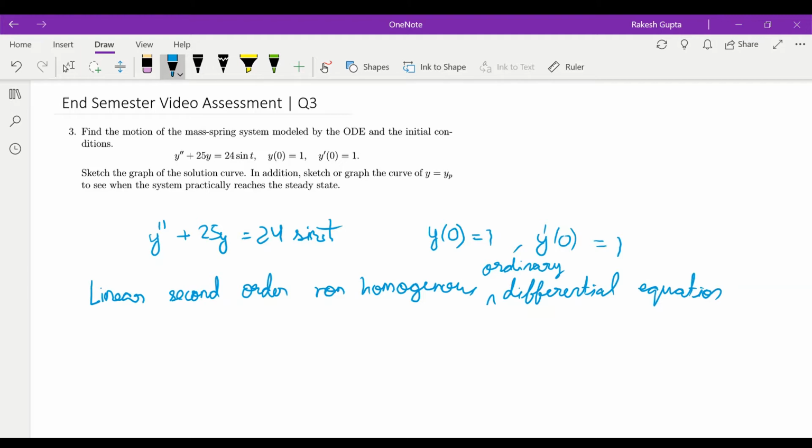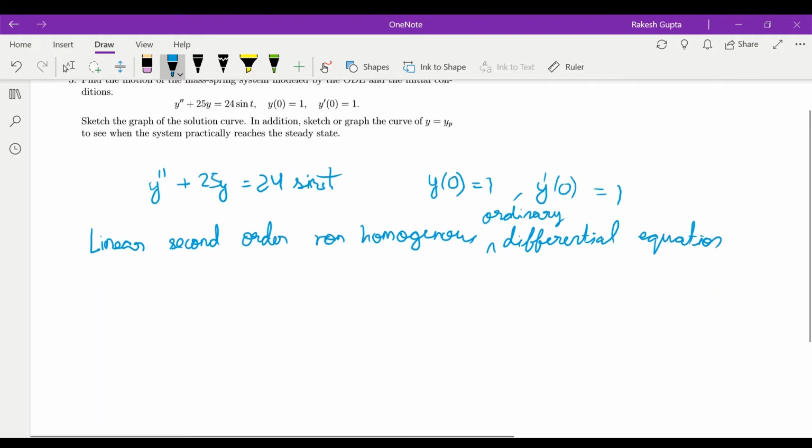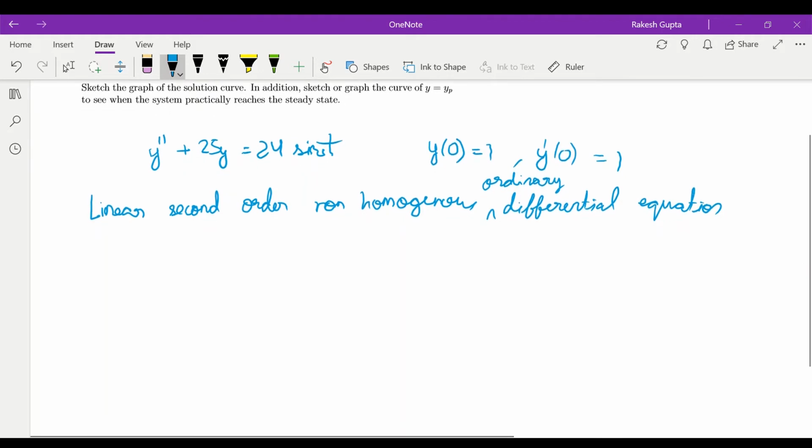So now, the solution for a linear second order non-homogeneous ODE can be given as a linear combination of two solutions.